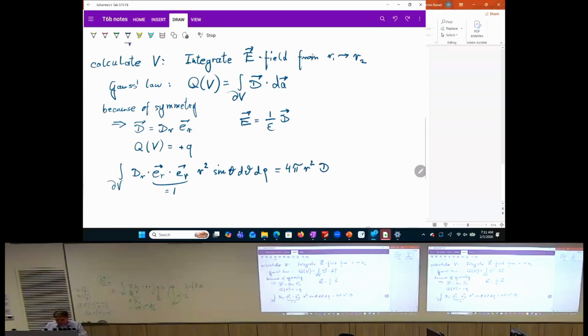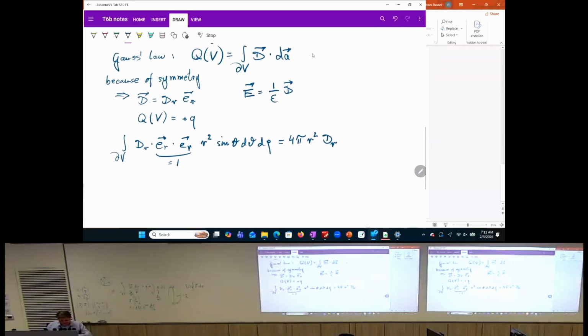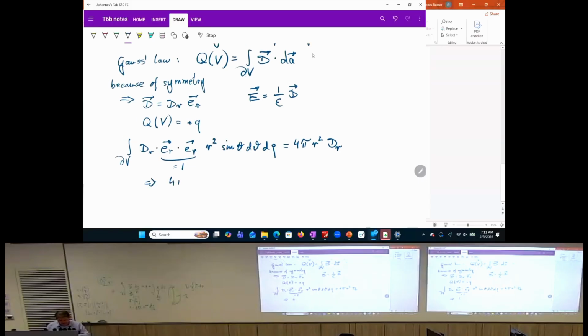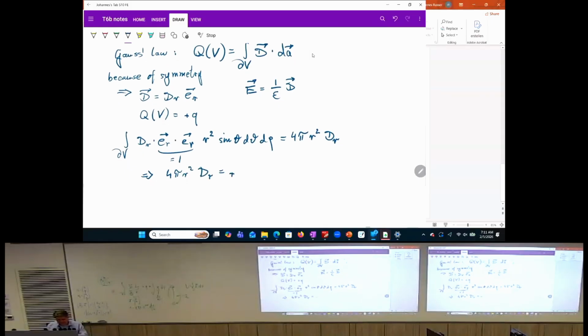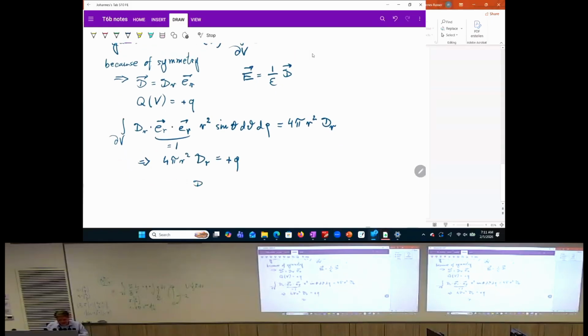So the D_r here, this r is an index here, right? So you know that you have here 4 pi r squared D_r is plus Q, and then therefore your D_r is just Q over 4 pi r squared.